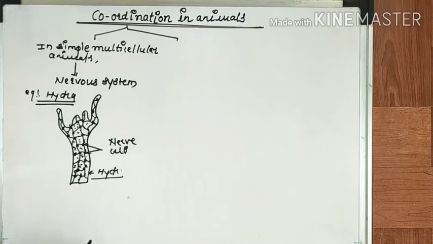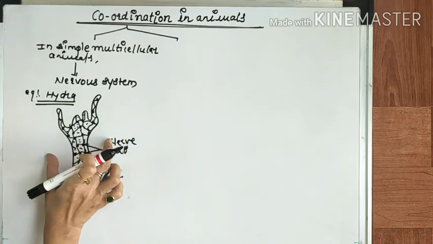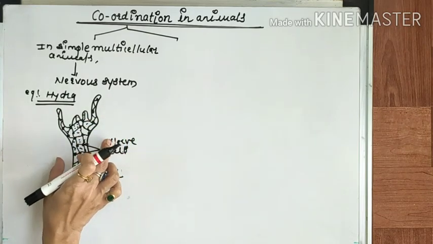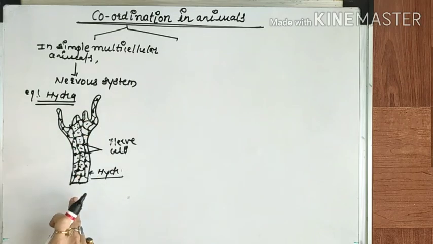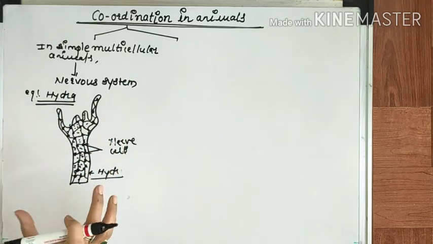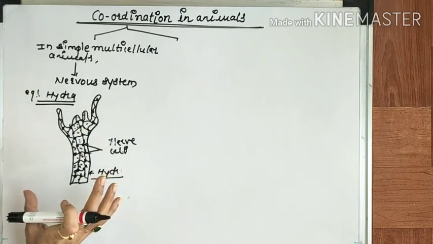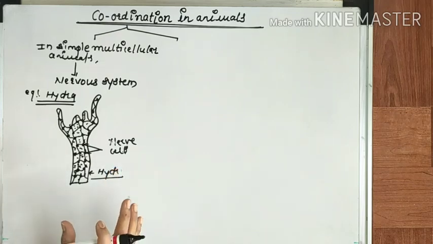Hydra consists of a network of nerve cells joined to one another and spread throughout the body. That is actually the nervous system present in very simple multicellular animals.